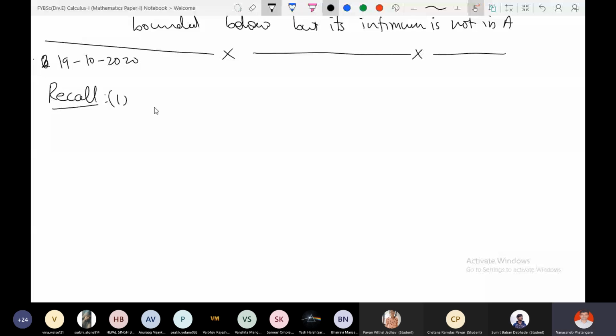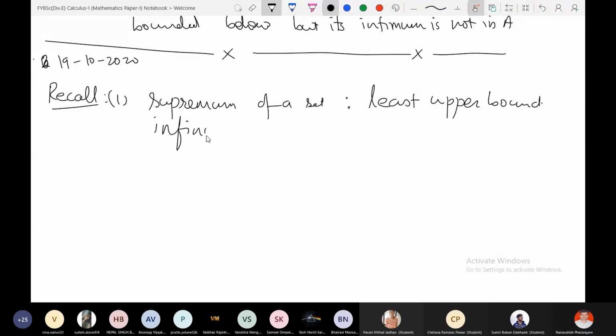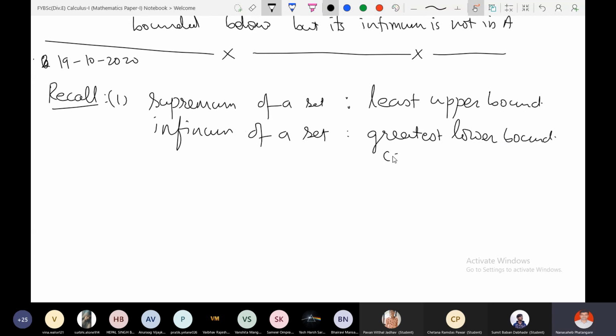So what we discussed: the supremum of a set is called the least upper bound, and the infimum of a set is called the greatest lower bound, or GLB.